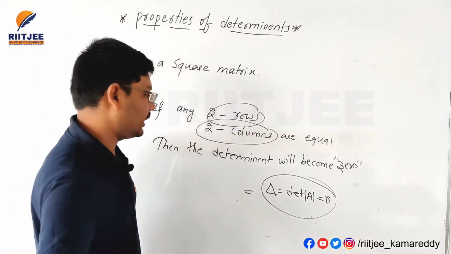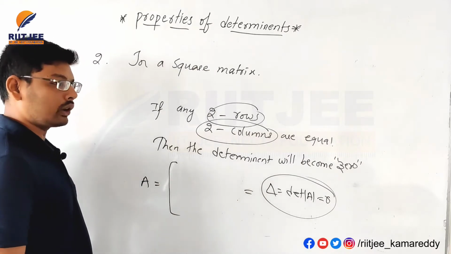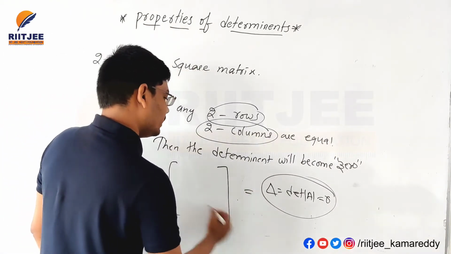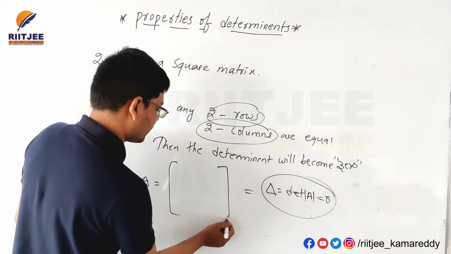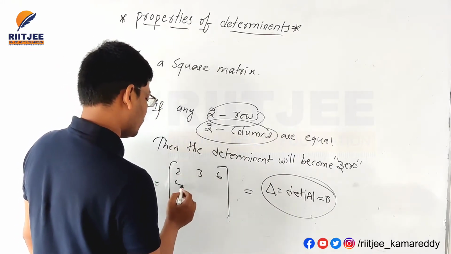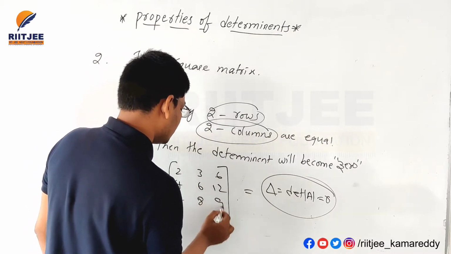And in this property, one more condition is there. If any two rows or any two columns are multiples of each other, then the determinant is 0 again. For example, 2, 3, 6, next 4, 6, 12, 7, 8, 9.